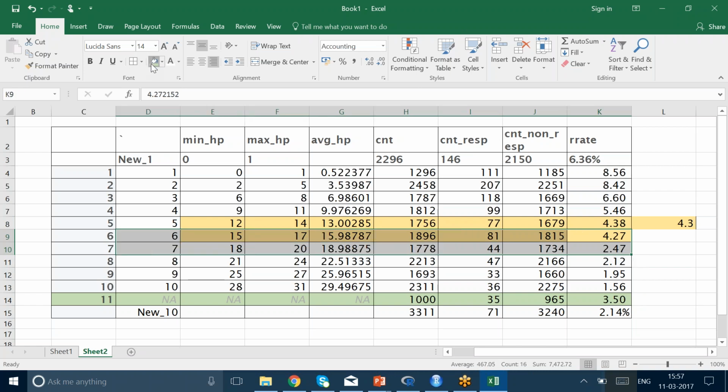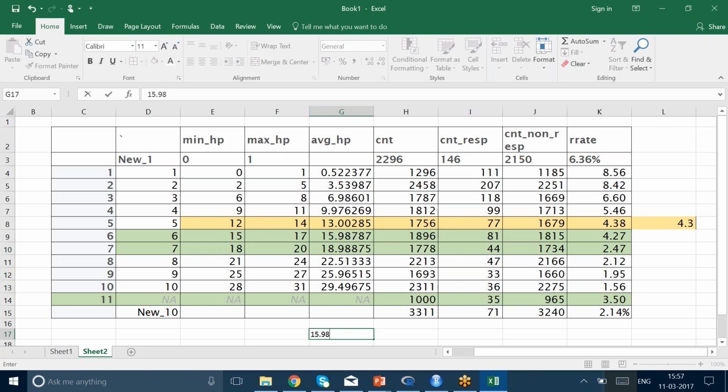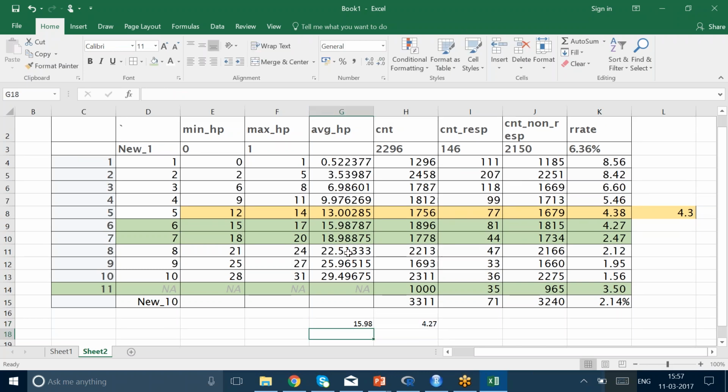Because 3.5 will come somewhere here, my value should be something based upon interpolation. So what I'll take is 15.98. Average holding period is 15.98. This corresponds to 4.27. 18.98 corresponds to 2.47.